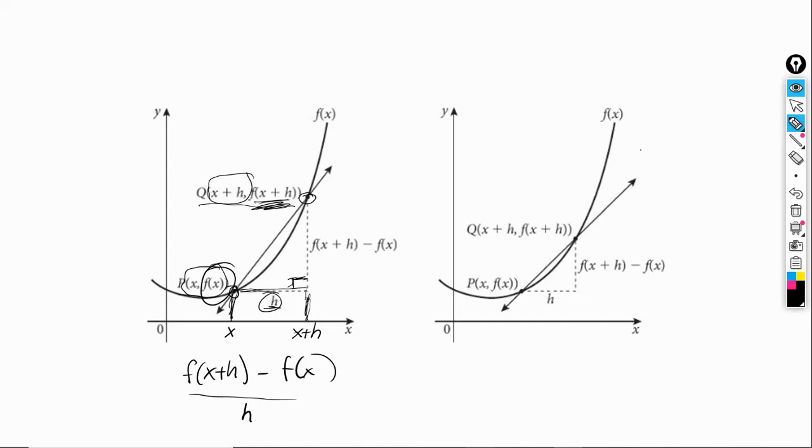So on this other graph to the right, we have exactly the same situation. The only difference is that this h is now a bit smaller. You see that? The difference in y is still f of x plus h minus f of x, and the difference in x is h, only that the distance h is getting smaller.